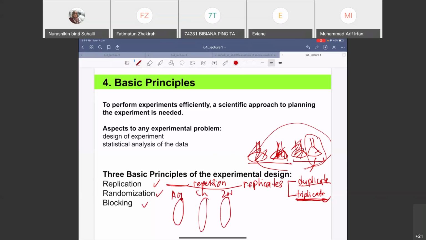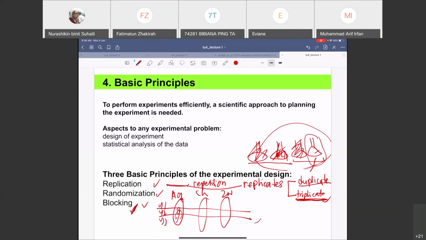Meaning to say that your samples will have year 1, year 2, year 3, male, female, all mixed up. But if let's say you put block study, year 1, year 2, year 3, it will be specific, right? And it will benefit the analysis at the end because you can see the picture much clearer. So that is the importance of blocking.